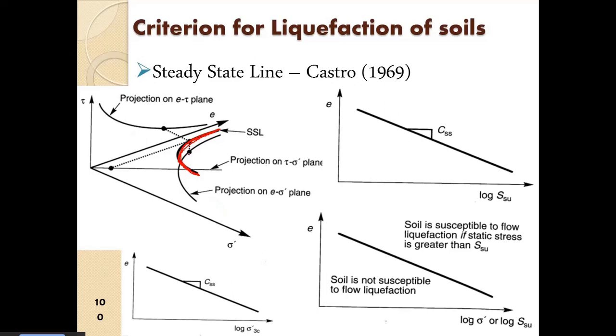Now the steady state line had three governing parameters. So we have the void ratio axis, then the effective confinement axis, and then we have the shear stress. And this is the failure line, shear stress versus effective confinement.